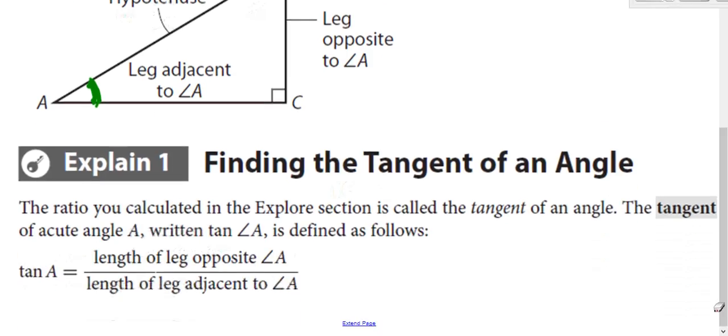So then we get to what is the tangent of an angle. Tangent is actually a ratio.